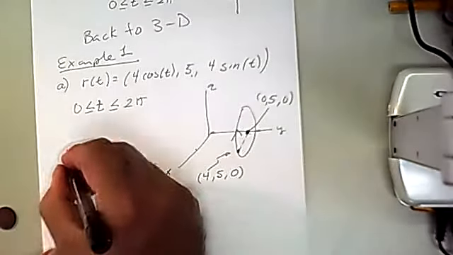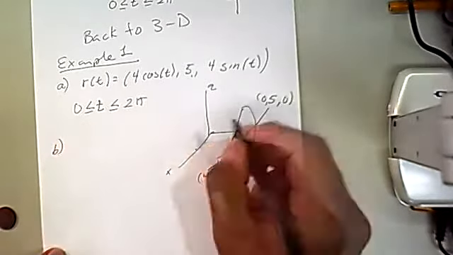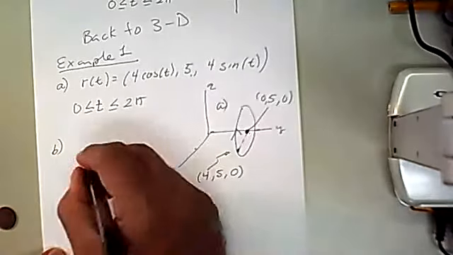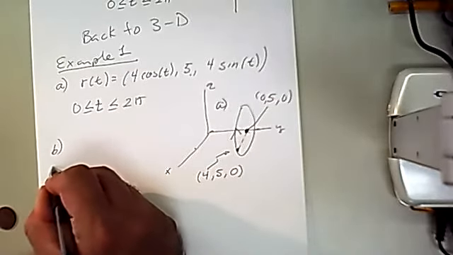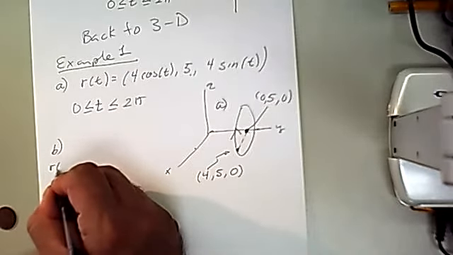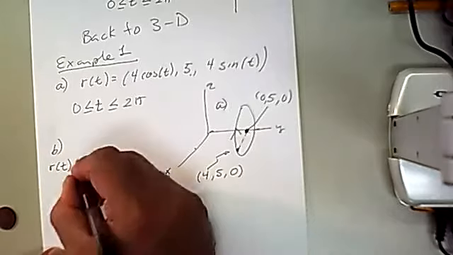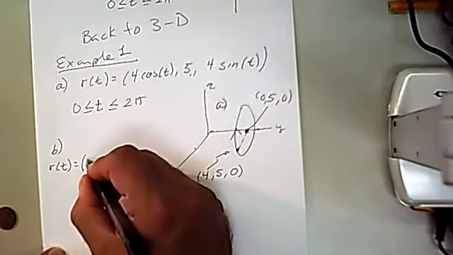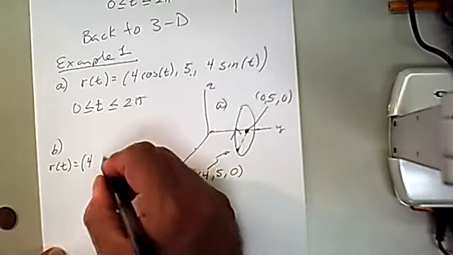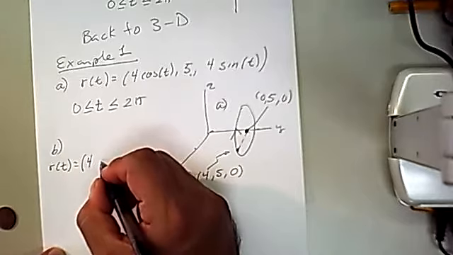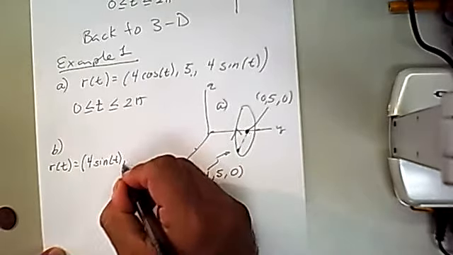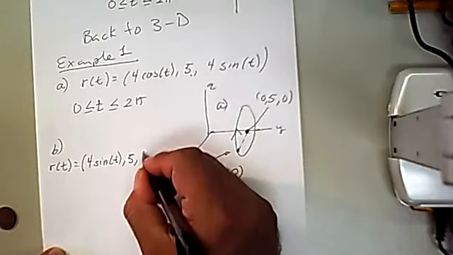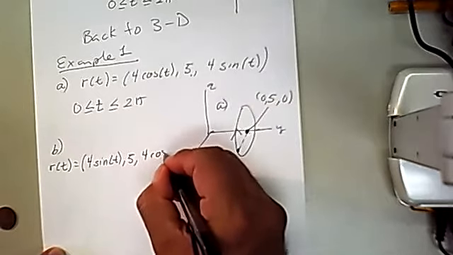So example B, so this is example A. Let's say we have that r of t is equal to 4 times sine of t, 5, 4 times cosine of t.